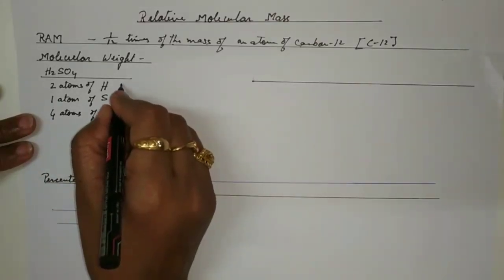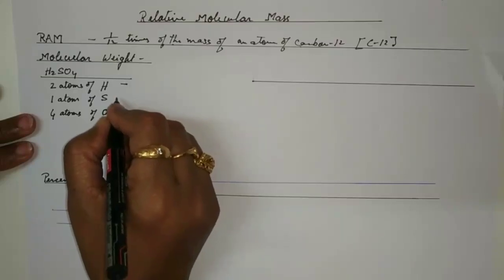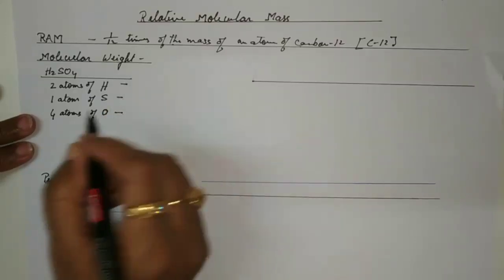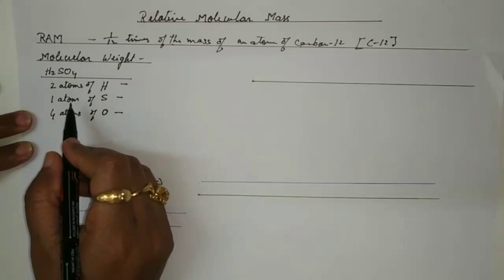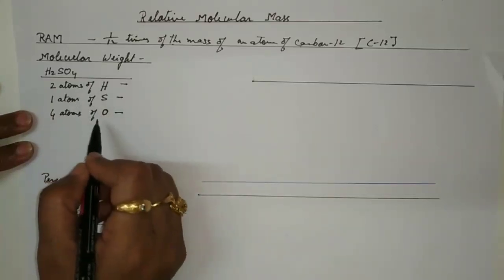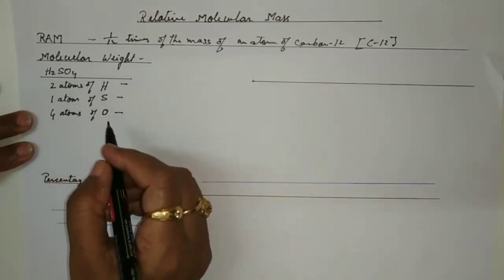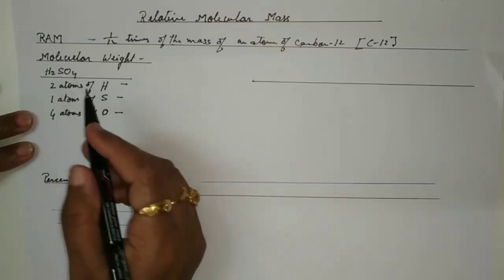To find the mass of 2 atoms of hydrogen, 1 atom of sulfur, 4 atoms of oxygen, and add them up will give me the mass of sulfuric acid.